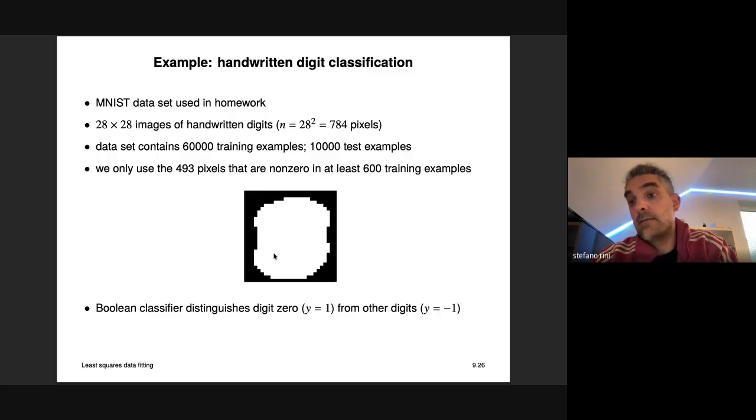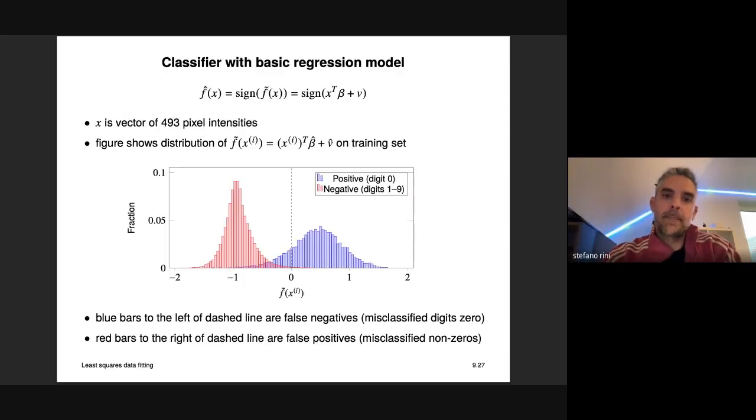This is something that you also figured out, that the pixels at the edge are always equal to 0, so you can just trash them away. This is also part of the challenge for today: how to drop some of the pixels. We want a binary classifier that distinguishes the digit 0 from all the other digits. So the classifier is 0 versus other digits.